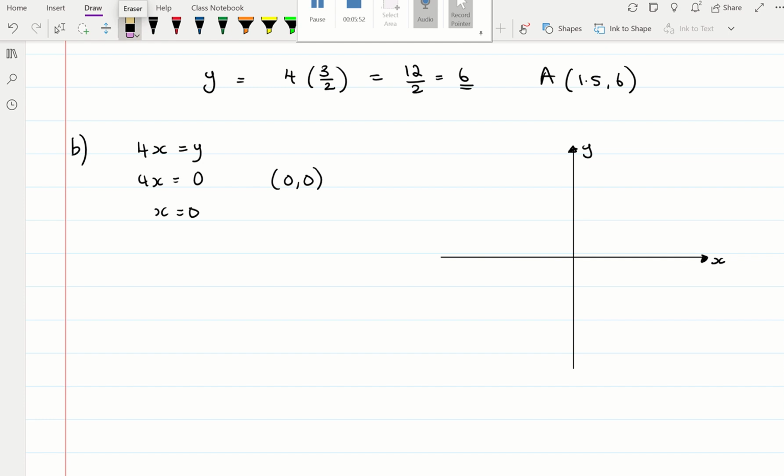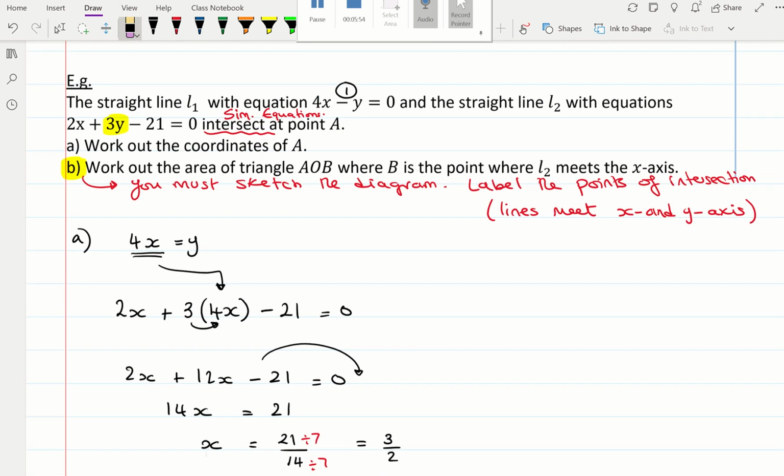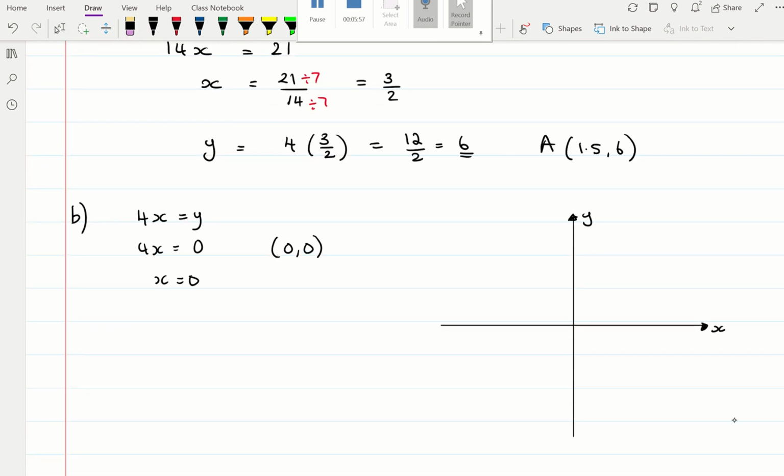Okay, and the other line, 2x plus 3y, 2x plus 3y equals 21. When y is 0, 2x equals 21, so x is 21 over 2.